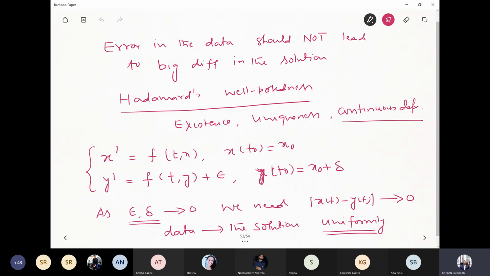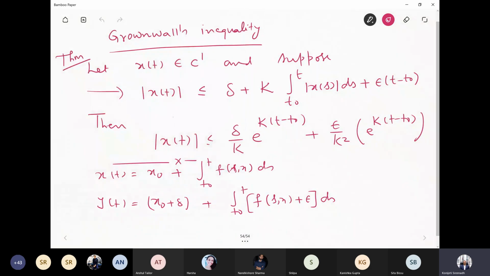Okay, from the start. Because if they satisfy the differential equation, they have to satisfy this integral equation also. So now you subtract these two things, that is y(t) minus x(t).